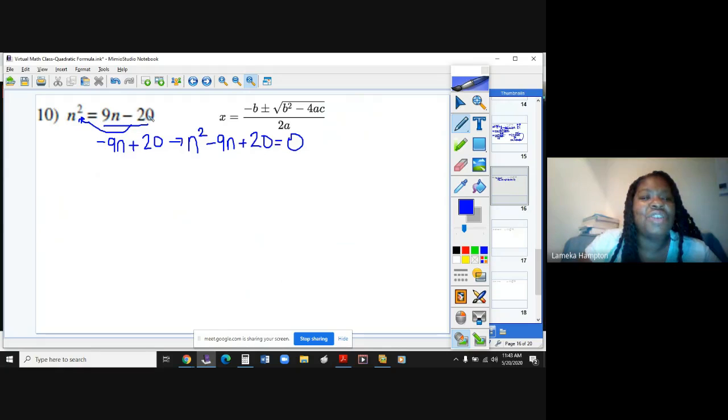I had to do the same thing, but this time I have a negative 20. In order for me to move my negative 20 over to the left hand side, I had to add 20. When I cancel these out right here, that gives me 0, which is this over here.